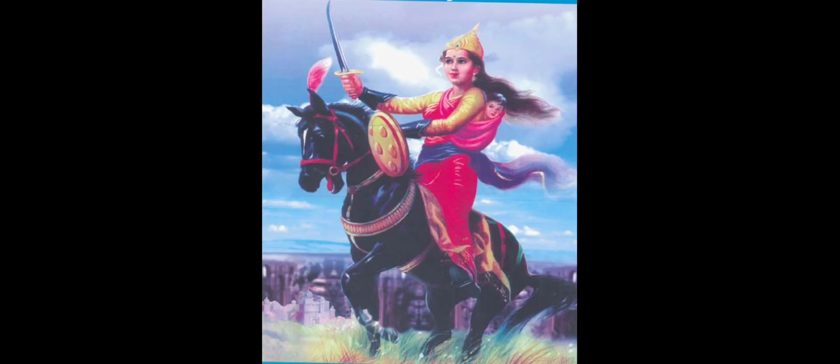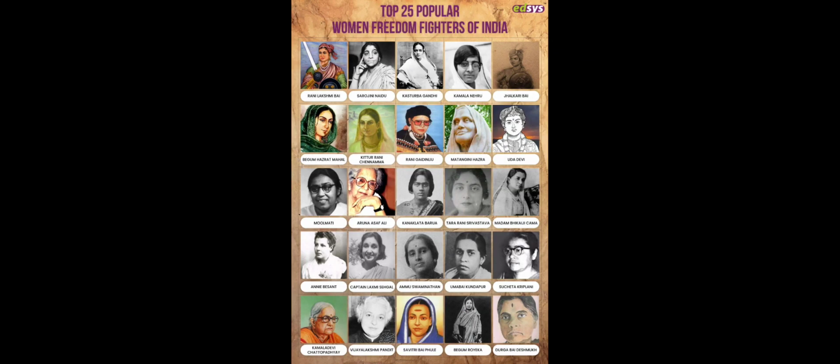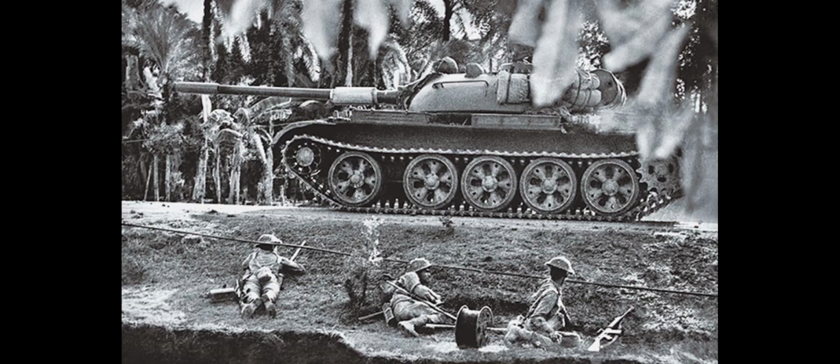In addition to the partition and the challenges and progress of the early post-independence period, there are a number of other important events that took place in India since 15th August 1947.